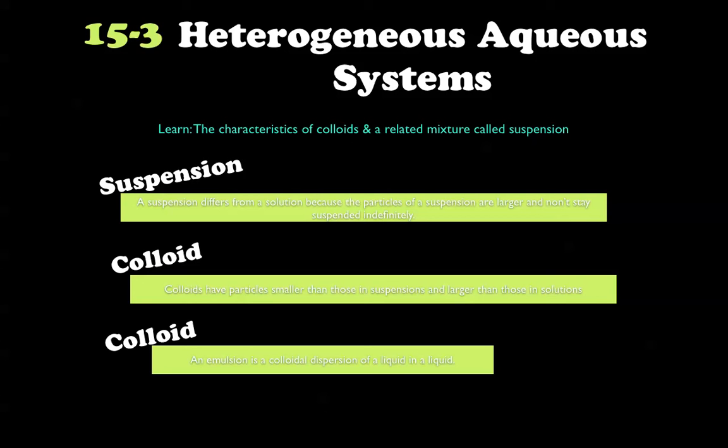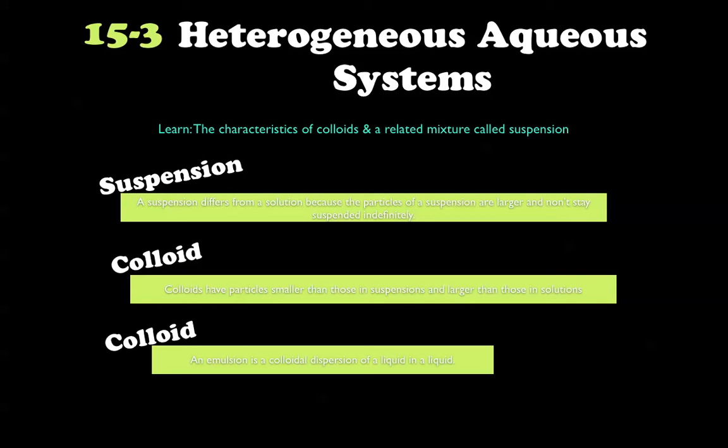So in this, we learn that the characteristics of colloids are like a related mixture called suspension. So in learning about suspension, a suspension differs from a solution because the particles of a suspension are larger and they don't stay suspended indefinitely.